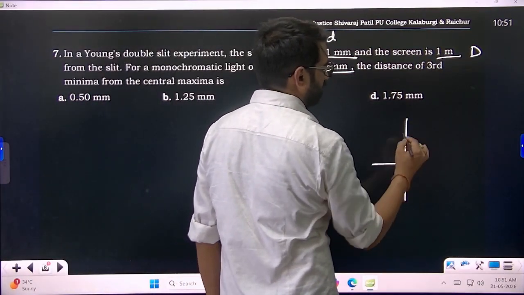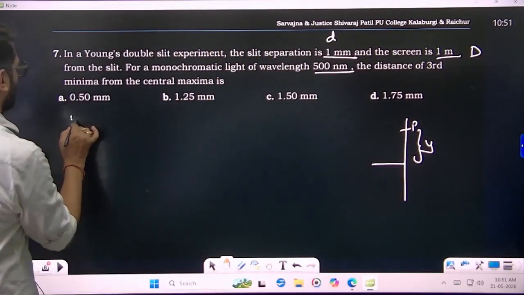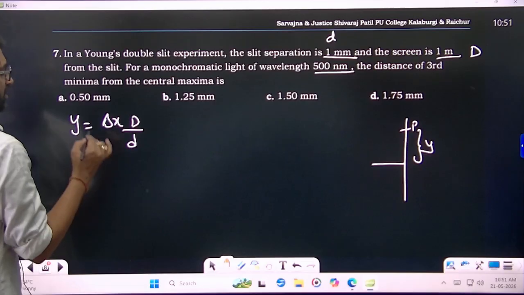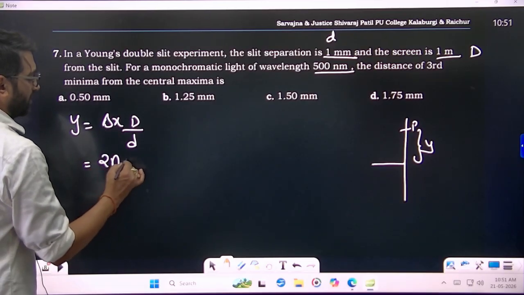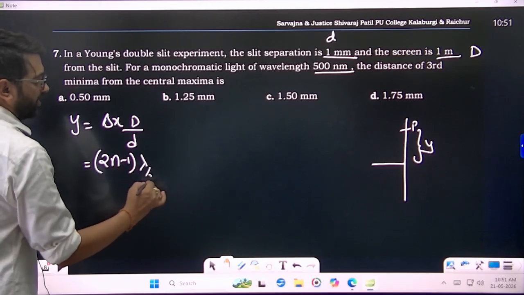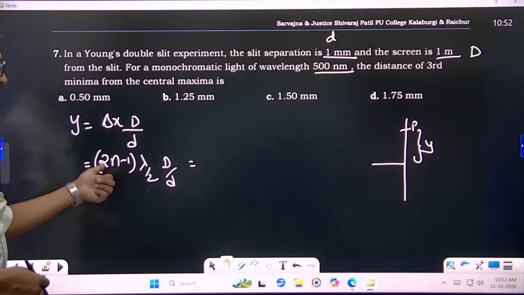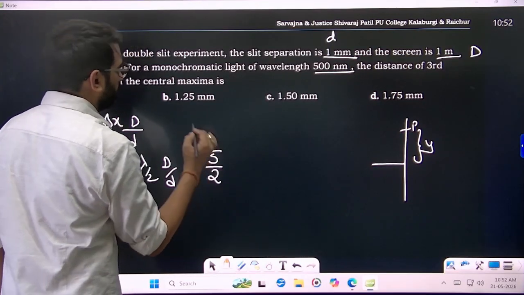This is the central maxima, this point is P, this is Y. As I have written just now, the formula is Y equals delta x into capital D by small d. We need the third minima, so delta x for minima is (2n minus 1) into lambda by 2. This equals 2 into 3, 6 minus 1, 5, so 5 by 2 into lambda.